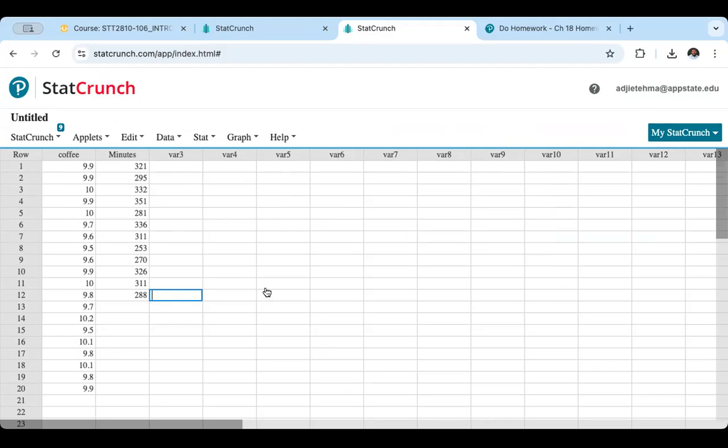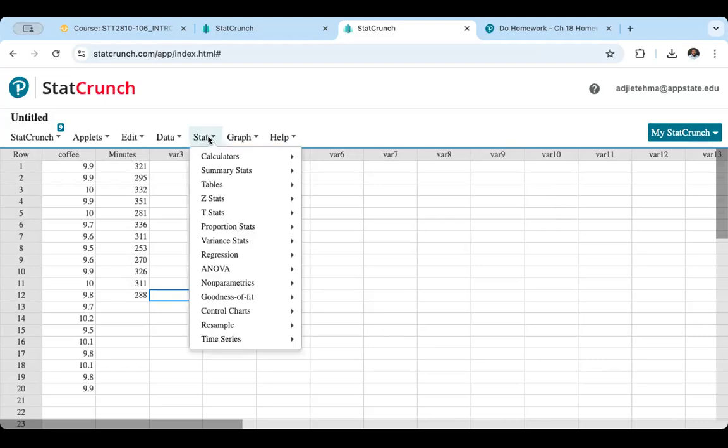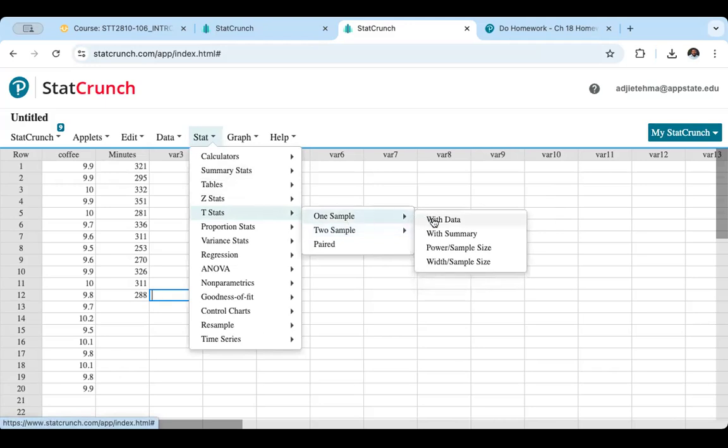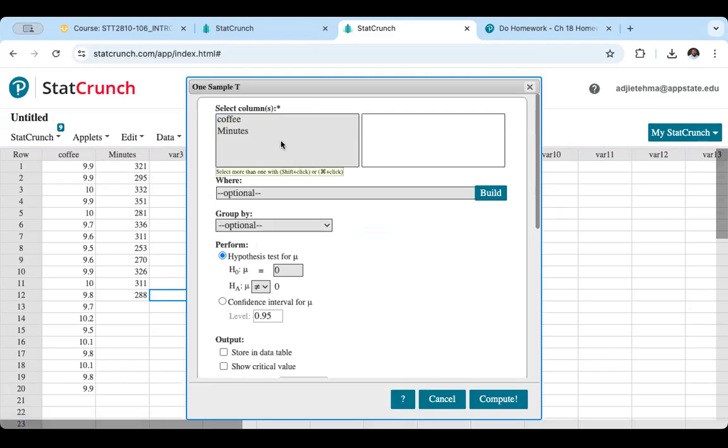So when you do that, to be able to check whether there is evidence that the machine is shortchanging customers, you'd have to go to stats, go to t-stats, one sample, and then with data. Click on that. Now, this is for the coffee data. So I click on that column. That is where I enter the coffee data. Is that okay? I have that.